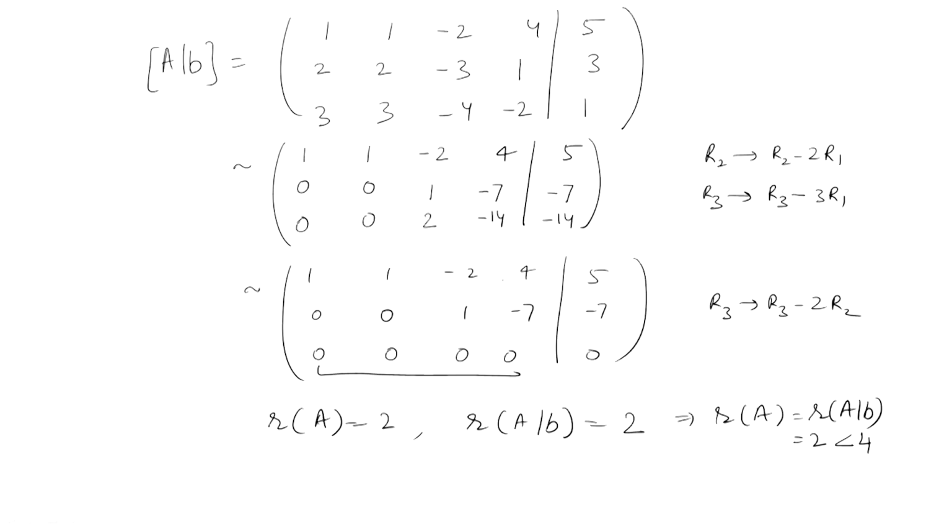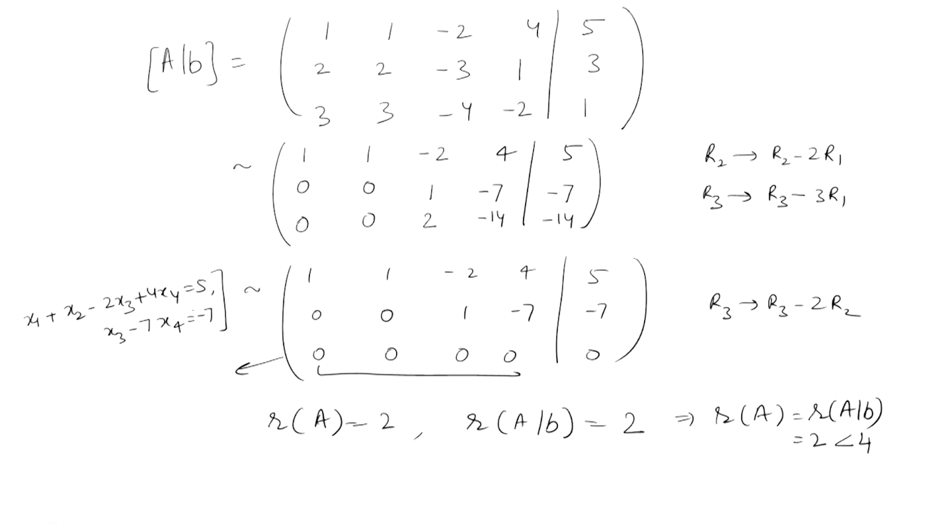Now, how will you find the solution? You will choose arbitrarily, because now we have 2 independent equations. From here the first independent equation is x1 plus x2 minus 2x3 plus 4x4 equal to 5. The second equation is x3 minus 7x4 equal to minus 7.